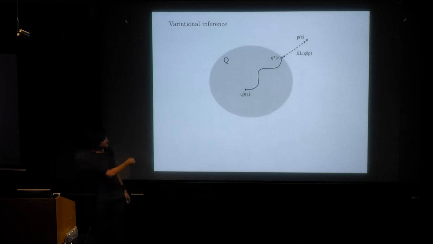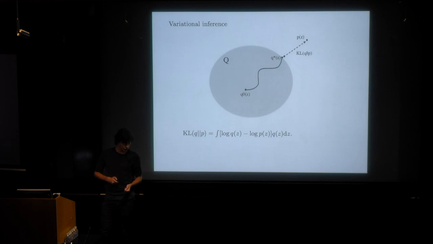And within that family, I'm going to try and find the distribution that best approximates my target distribution. Right? And in order to do that, I need to solve an optimization problem, and I need to define a notion of agreement between different distributions. Right? So we're going to use the Kullback-Leibler divergence, written out here.